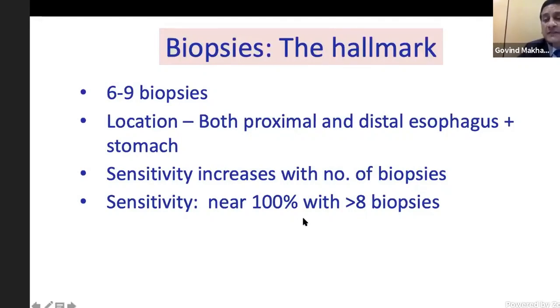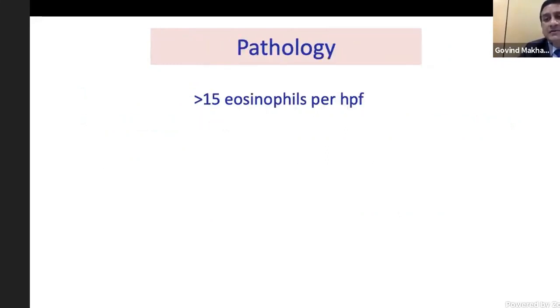And if you take more than 8 biopsies, almost the majority of patients can be diagnosed. Therefore, you take multiple biopsies, both from the lower part and upper part of the esophagus. And please write on the request form to the pathologists that we are suspecting eosinophilic esophagitis. Please look for this. And the diagnosis is more than 15 eosinophils per high power field.